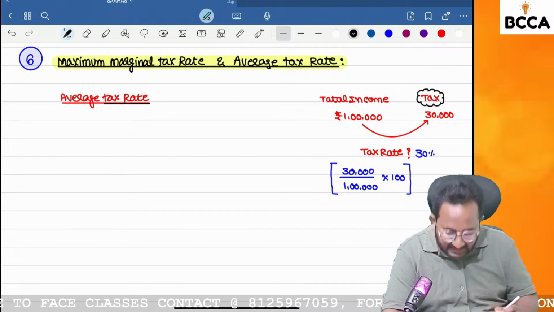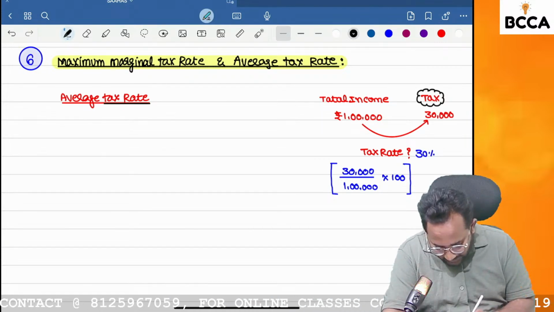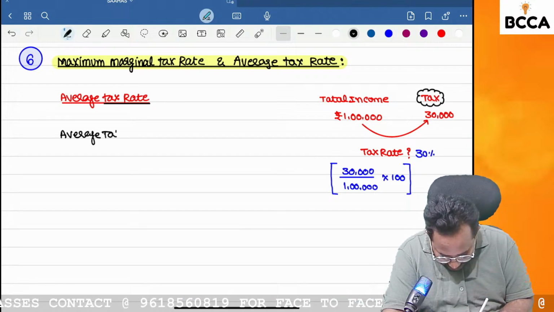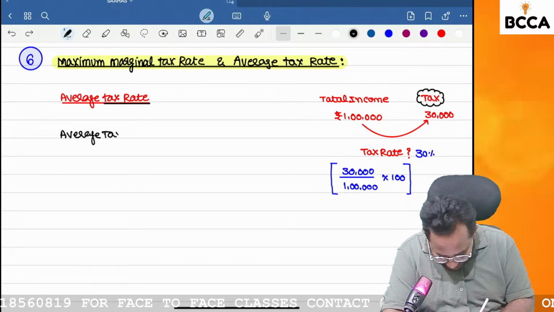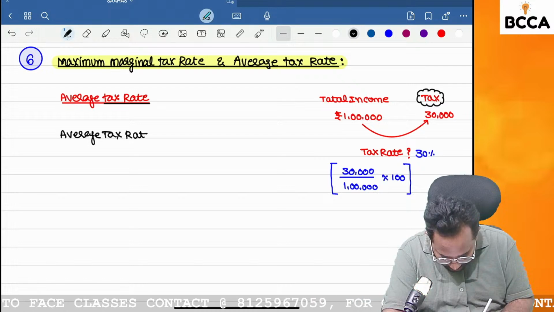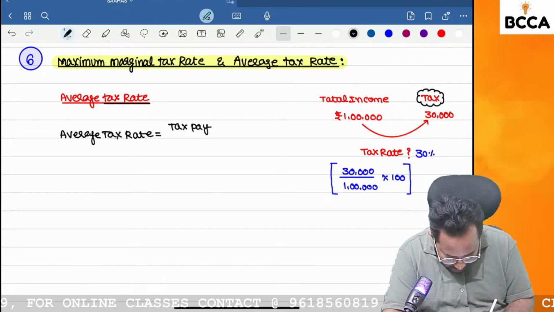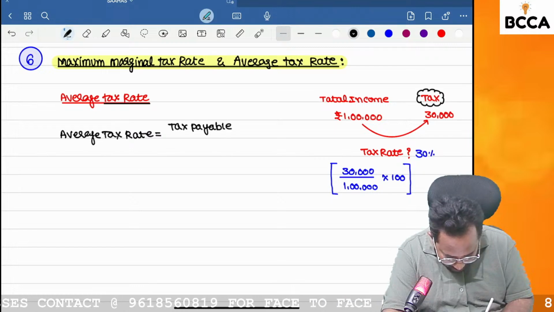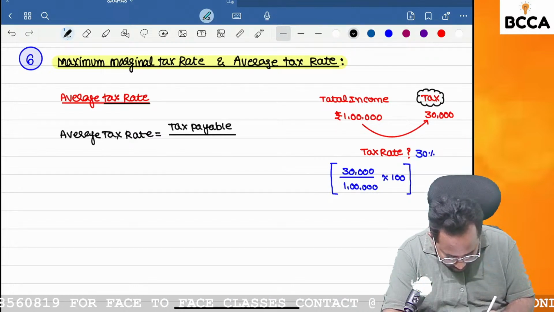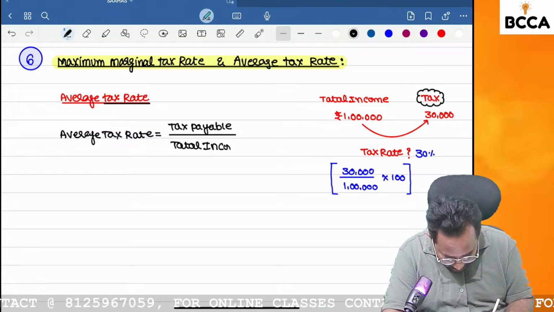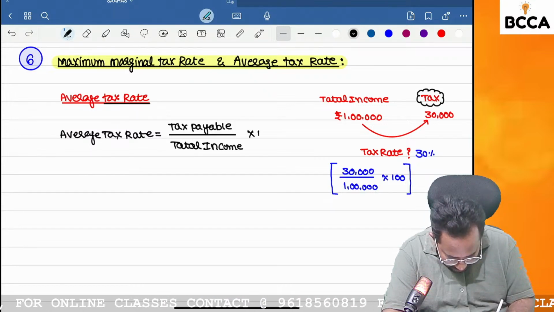If they ask like that, you have to calculate: average tax rate is equal to tax payable divided by total income into 100.